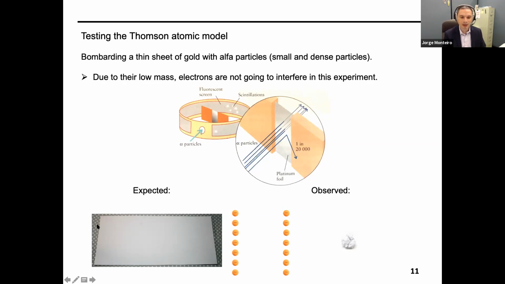So now imagine that I get this sheet of paper and I make it into a small ball. So now I'm bringing all the mass and concentrating it in a small volume. And I run here the same experiment, okay?